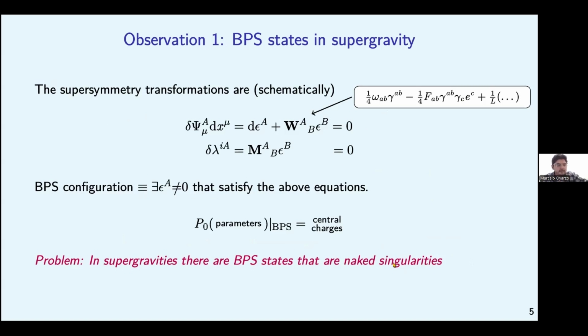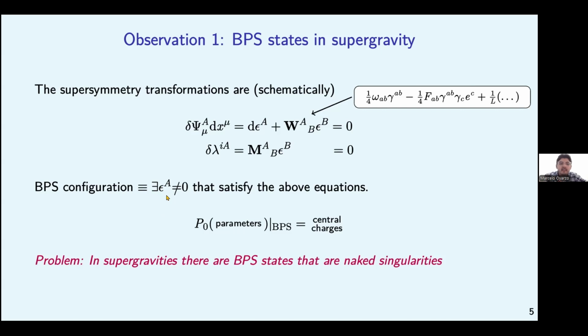So let me define what a supersymmetric configuration is, as was already introduced earlier. It is a configuration for which the variation of the fermionic fields equal to 0 has a non-trivial solution for the Killing spinor that generates the supersymmetry transformation.